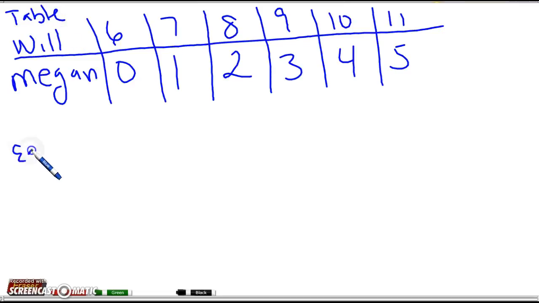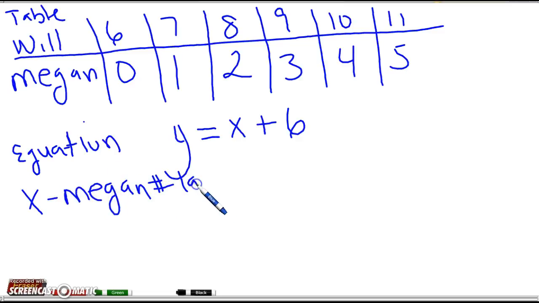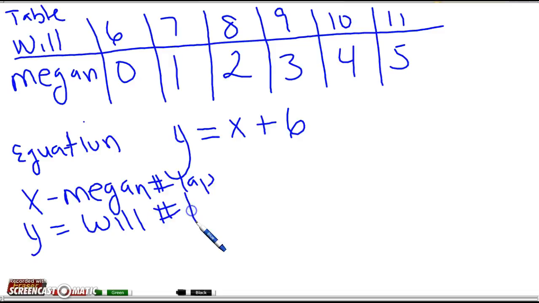As far as my equation, it doesn't matter which one I choose, but I can say that y equals x plus 6, where x is Megan's number of laps and y is Will's number of laps.